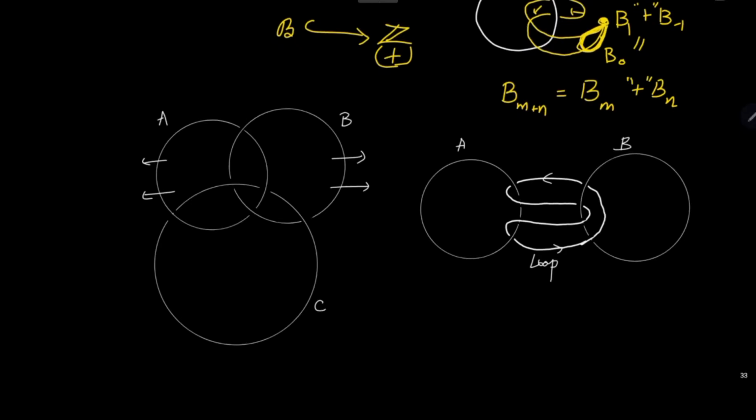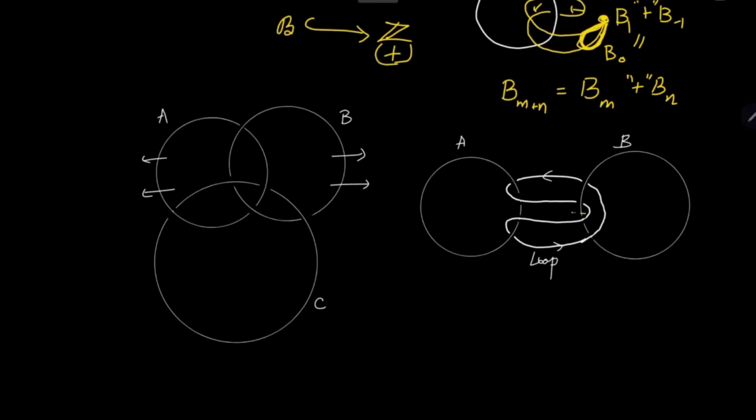Next, we consider a slightly more complicated sort of linking involving three circles forming a configuration known as Borromean rings, shown on the left of the figure. The interesting feature is that if any one of these three circles is removed, the other two are not linked. As you can see, C is not exactly linked with A if B is not present.